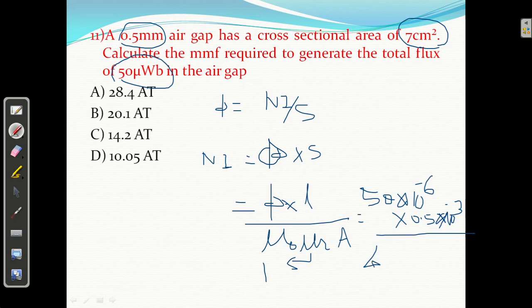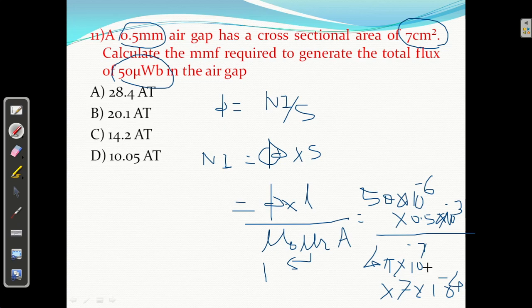Mu 0 is 4 pi 10 raised to power minus 7. Mu r 1 for air gap and area is given, 7 centimeters square, which is 7 into 10 raised to power minus 4, because it is centimeter square and I want it in meter square.